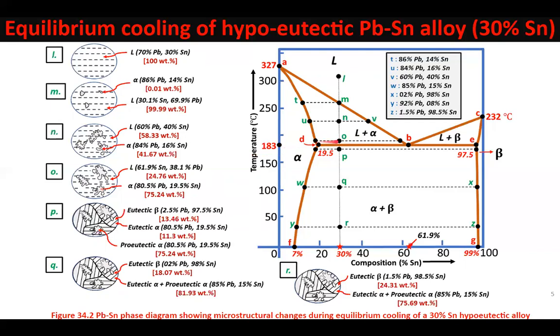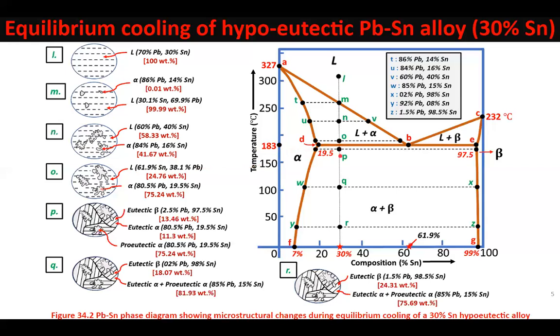So it is at this temperature where you will find the maximum amount of alpha that has formed because of simple solidification. So if you look at the microstructure at point O, you see alpha is 75.24 and liquid is 24.76. But importantly, this liquid is of eutectic composition, and moreover, it is present at the eutectic temperature.